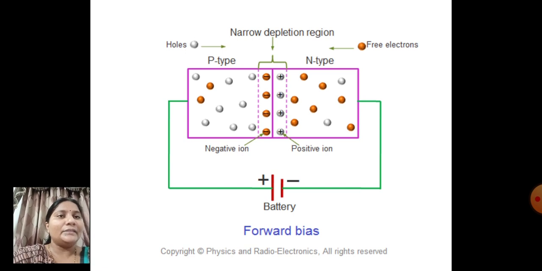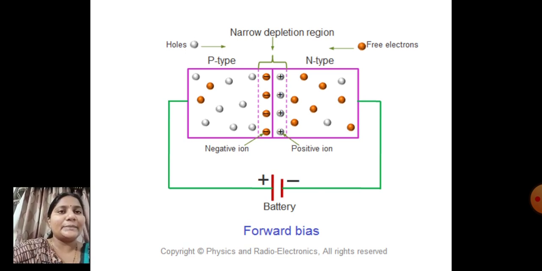We have the majority charge carriers in orange color and minority charge carriers in silver color, and positive ions are nearest to the depletion layer. Clear? So when we join a p-type semiconductor with n-type semiconductor, a depletion layer is formed and positive and negative ions are on both sides of the depletion layer.